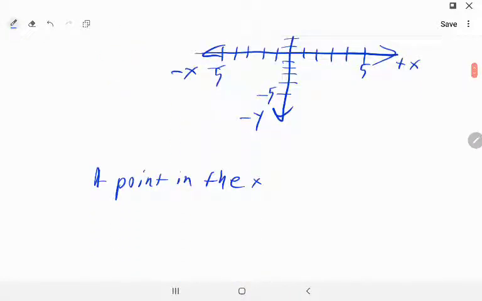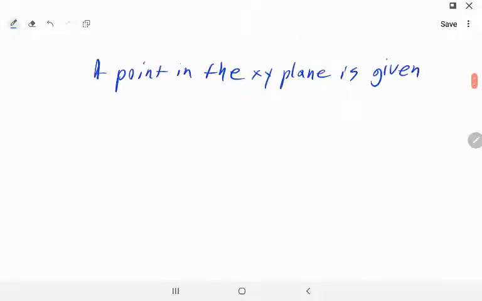A point in the xy plane is given by an ordered pair (x, y). And we notice that the horizontal coordinate always comes first, the vertical coordinate always comes second.